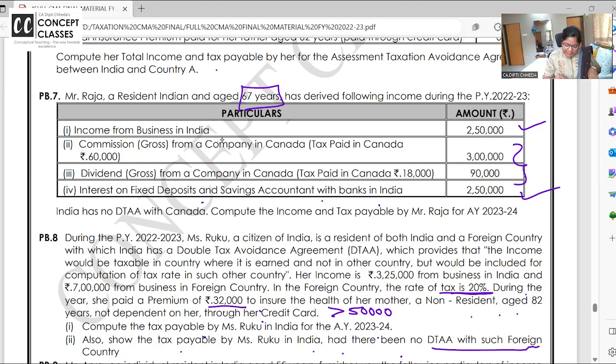India does not have a DTA with Canada. So obviously again you will give the relief under 91. Compute the tax payable.